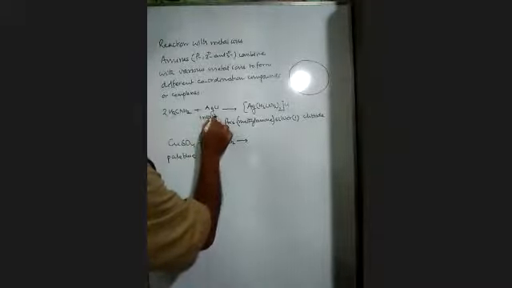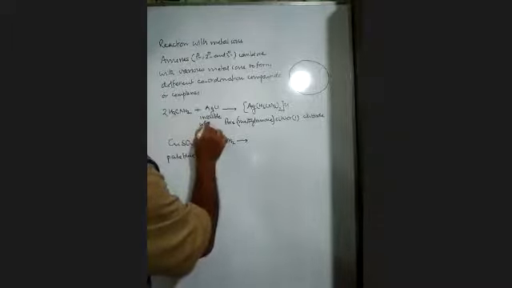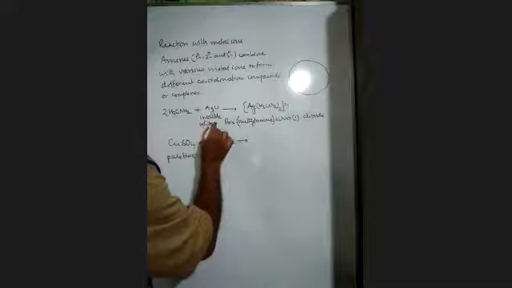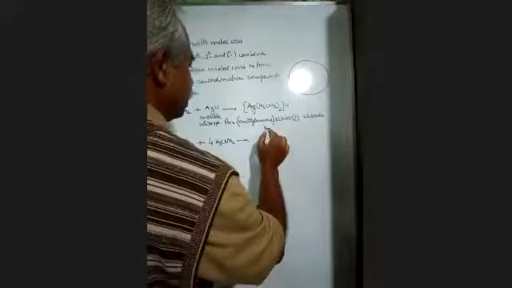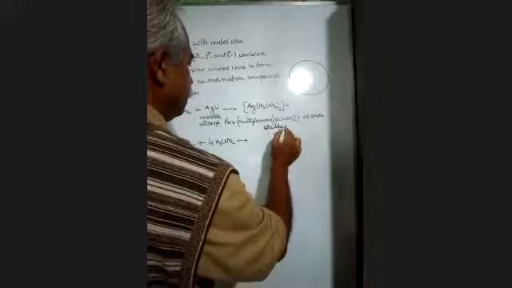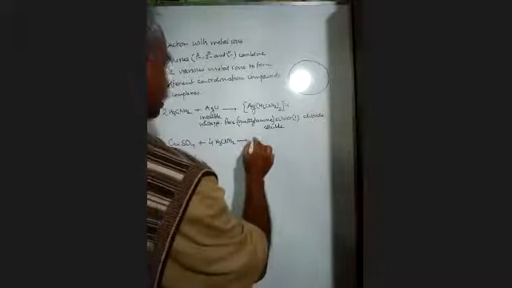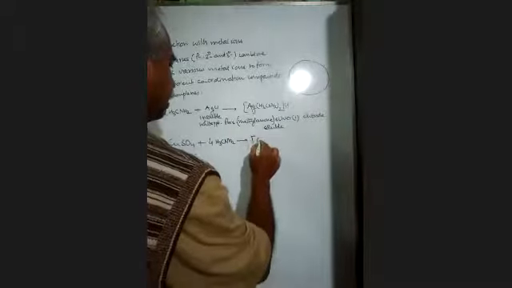Insoluble white precipitate. And here I will write soluble. So if I add it here, what will I get?